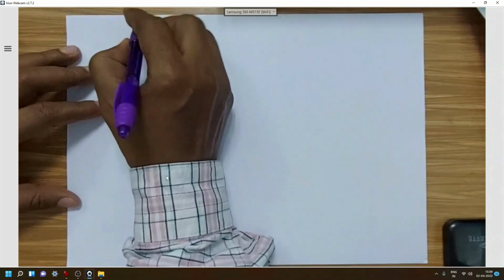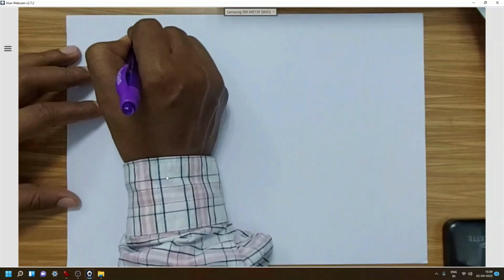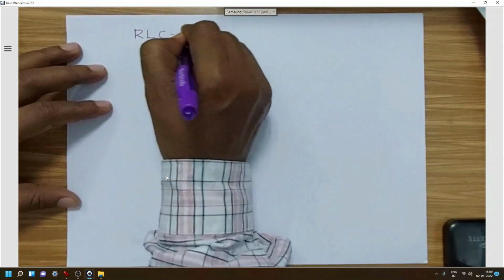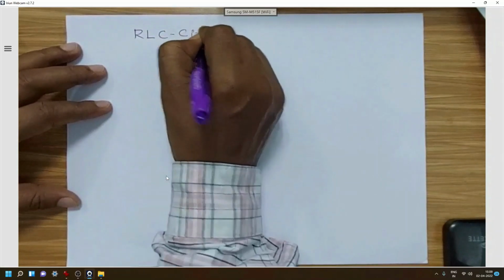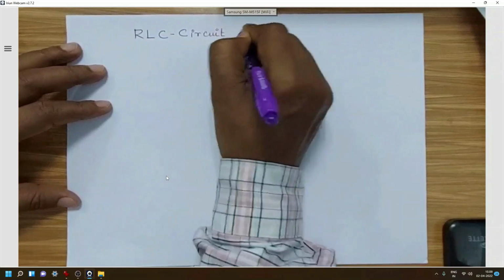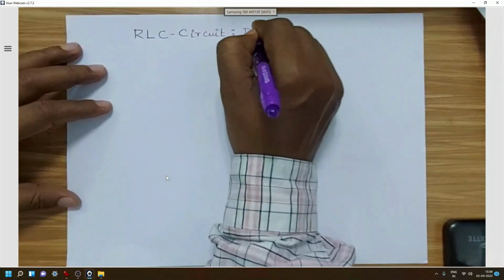Today we will discuss about the Phasor diagram for RLC circuit. So, we will study the RLC circuit to discuss about its Phasor diagrams.